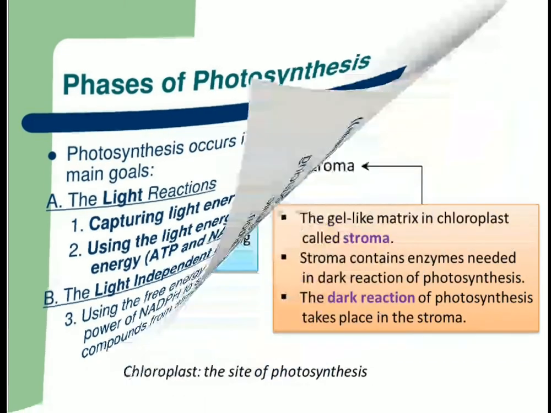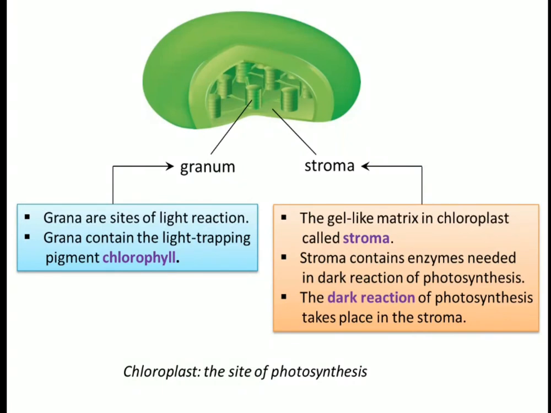Light reaction, or the photosynthesis photochemical phase. Now, let us discuss where they actually take place. As already discussed in the first lecture, the chloroplast has two areas. One is called the grana, which consists of the thylakoids.